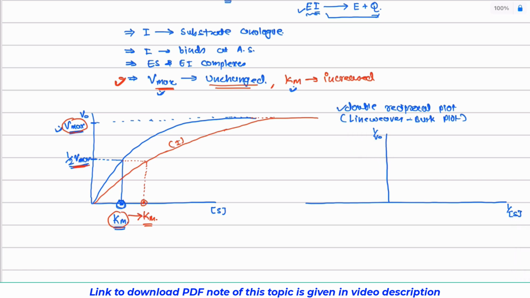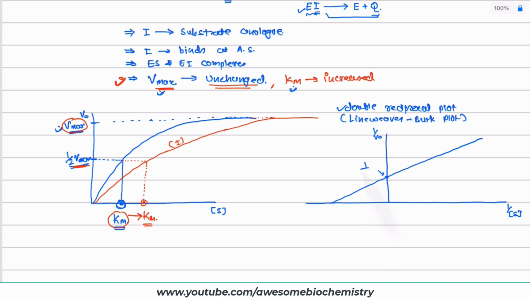Regarding this double reciprocal plot, we had already discussed it in one of my previous videos. So suppose without inhibitor, this is the line which represents enzyme activity. We know that the y-intercept is 1 by Vmax, and the x-intercept is going to be -1 by Km.